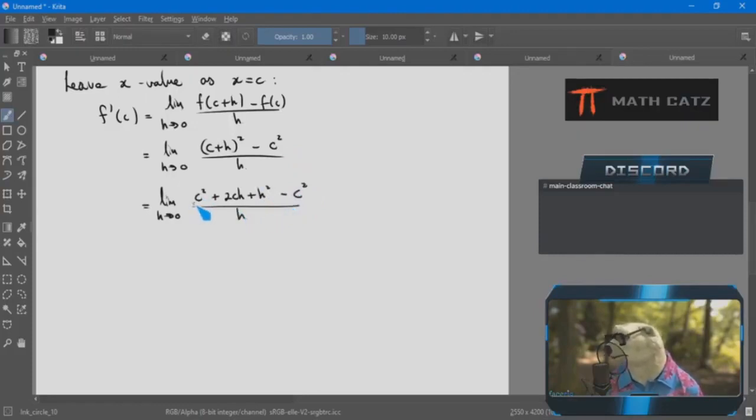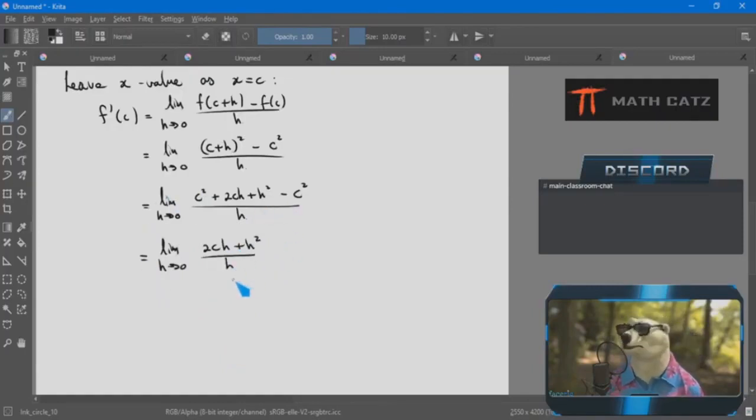Now I see the c squareds cancel, and I'm going to have 2ch plus h squared over h. Now, okay, that's maybe as far as I want to simplify.